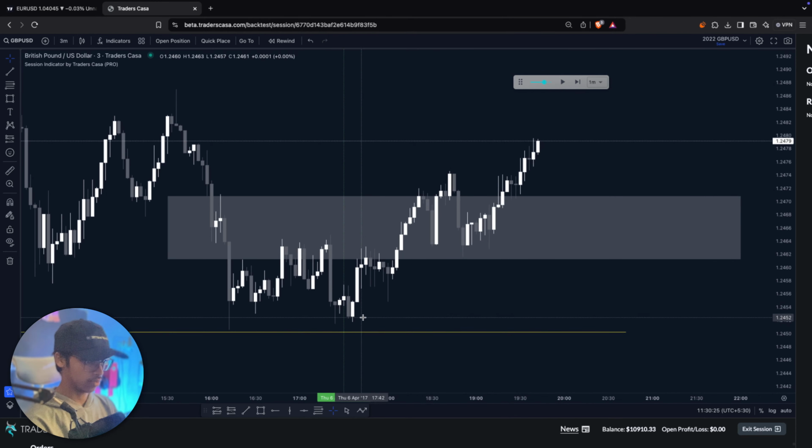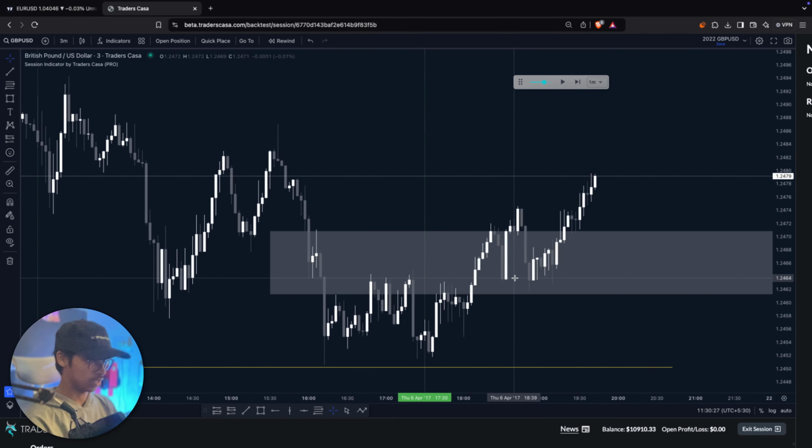That is the reason it has not taken out the liquidities yet, and I started right in that direction.